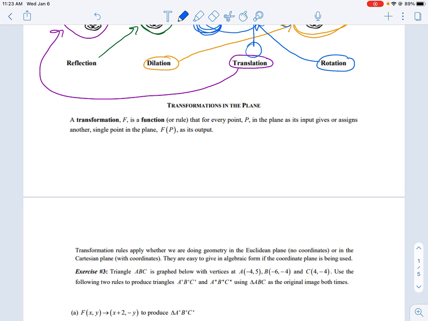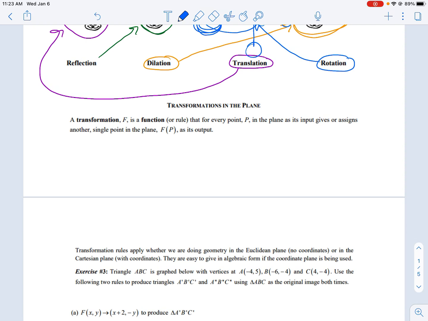Basically, it's fancy terminology, but a transformation is where you take a point and assign it one of these four transformations: the image gets bigger or smaller, we rotate it, or reflect it. Then the output is whatever that new image is. So your input is your transformation, and your output is your new image, if you will, okay?